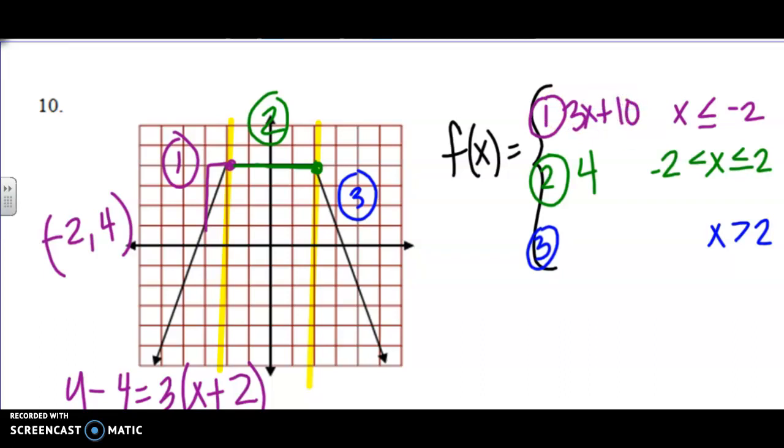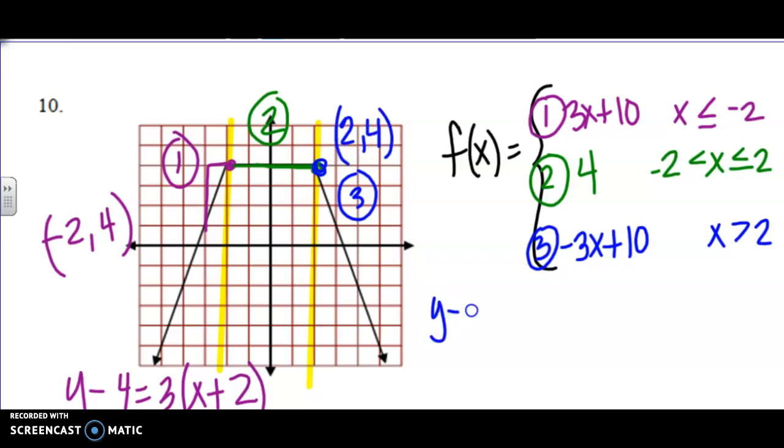Well, you can do one of two things. Since graph 1 and graph 3 are symmetric about the y-axis, you could, in theory, just say, well, I know this is the same thing, but it has negative slope. Or, likewise, you could say, okay, I know that's the point 2, 4, and do the same thing that we just did.